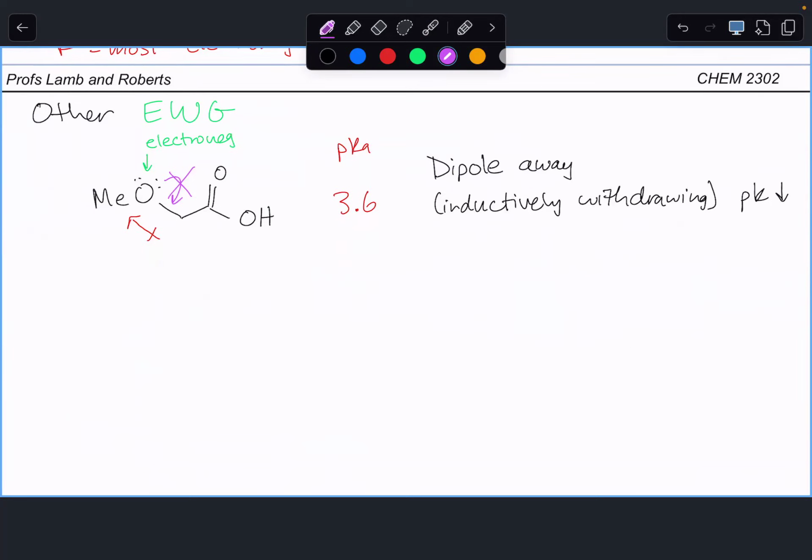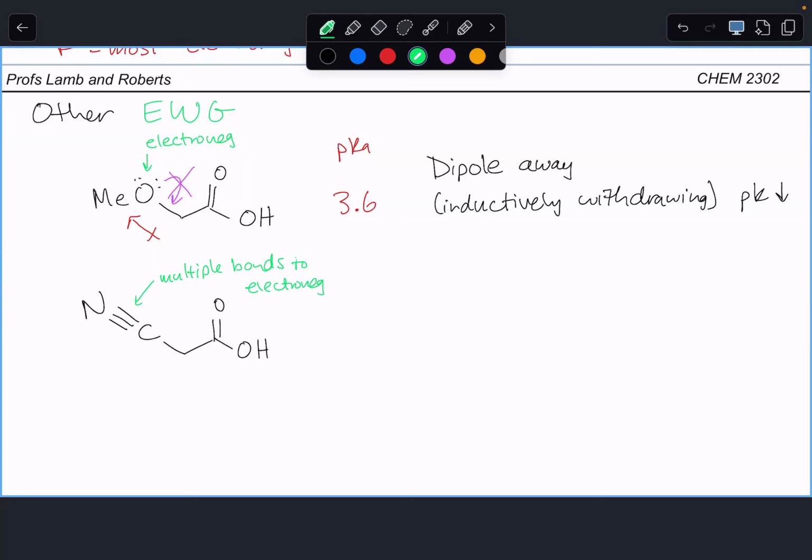So if we then increase the size of that dipole, it has an even larger effect. So, for example, if we put a CN group, right, a cyano group, now we have multiple bonds to that electronegative atom. Right?